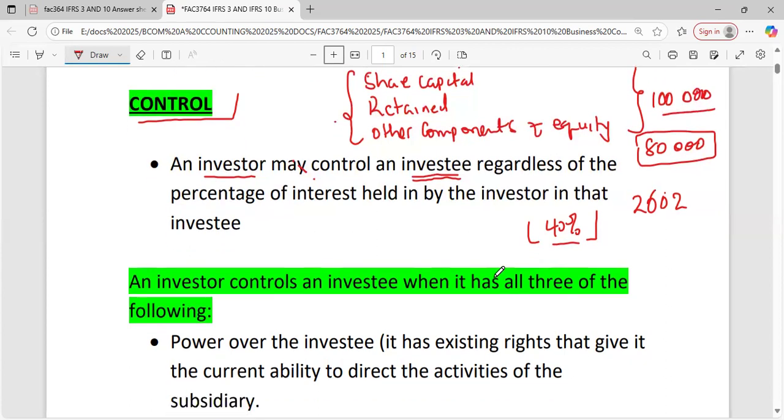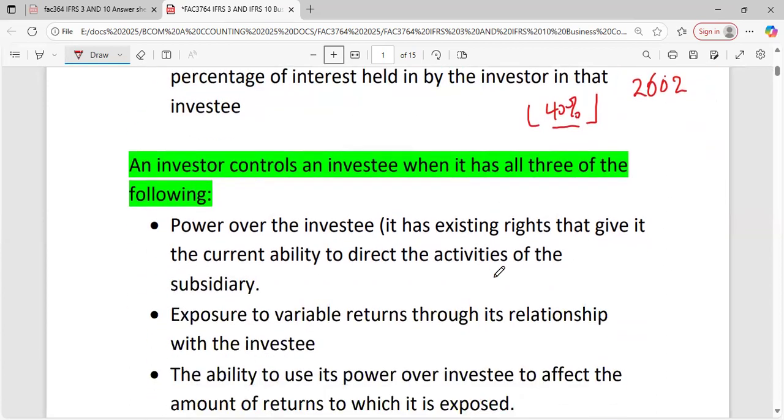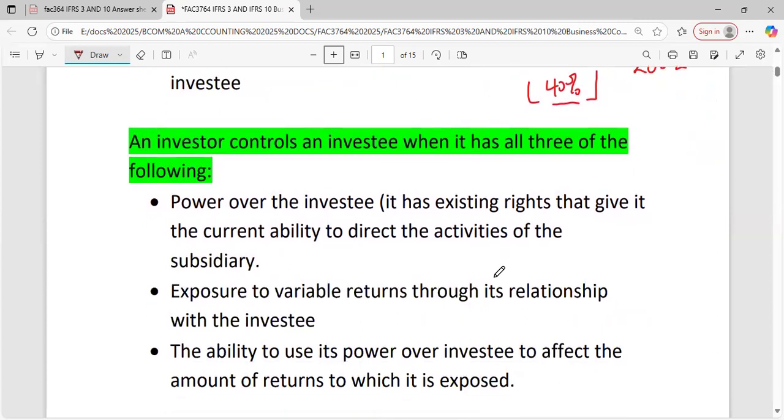But for now, we can only have control if they have power over the investee. They have the rights that give them the current ability to direct the activities of the subsidiary, and they are also exposed to returns through their relationship with the investee.